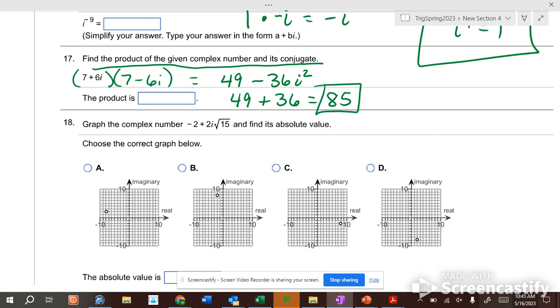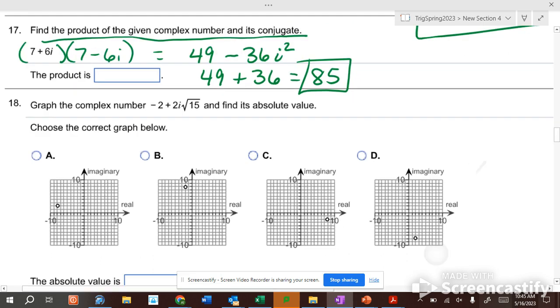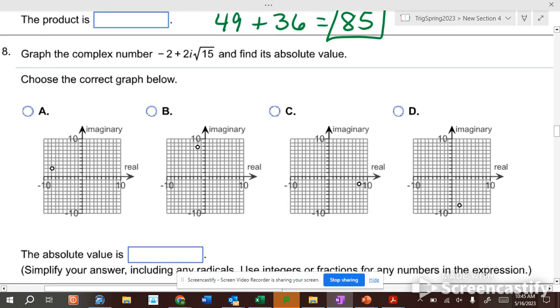The graphing part. Which one of these would be graphed as negative 2 plus 2 square root of 15 i? The real number is on the x-axis, the imaginary number is on the y-axis. So this is the ordered pair, negative 2, comma, 2 square root of 15.